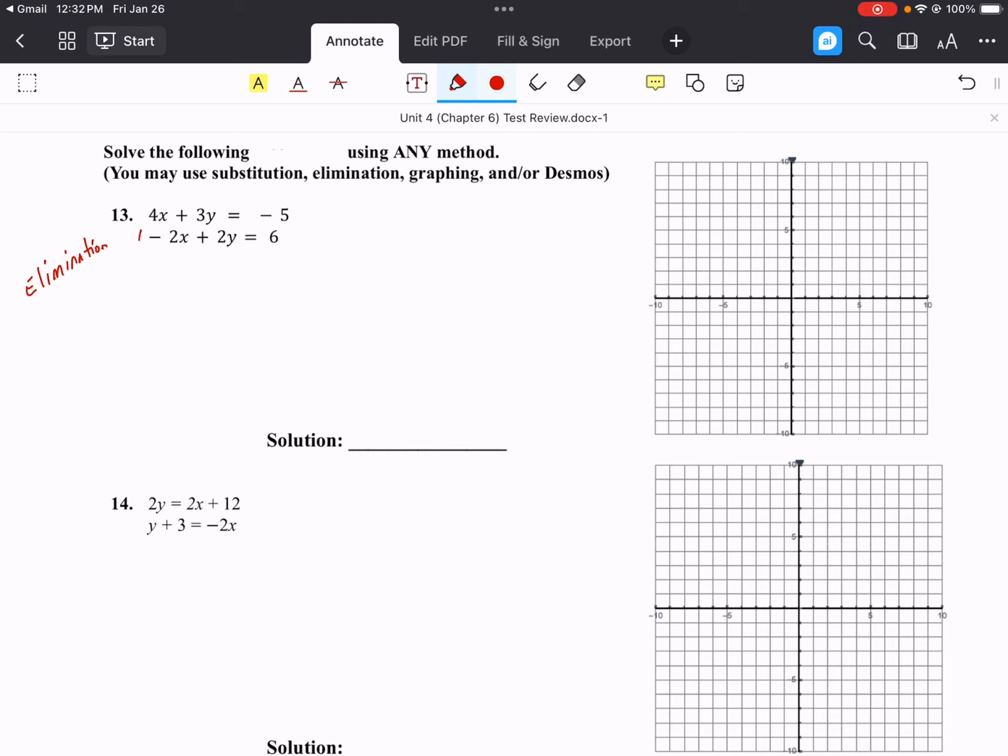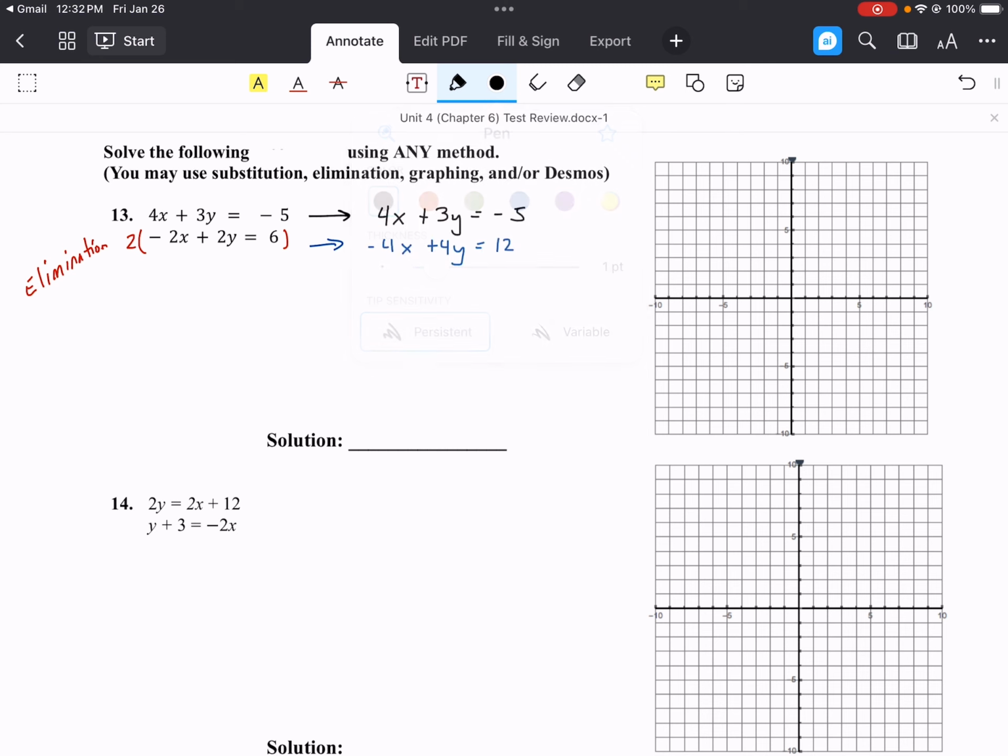In order to do that, I'm going to multiply the entirety of the second equation by 2. So this is going to leave the first equation the same way, 4x plus 3y equals -5. But the second equation is going to change to -4x plus 4y equals 12.